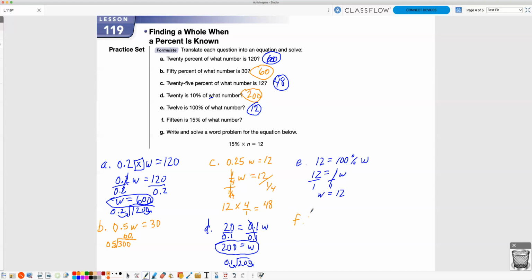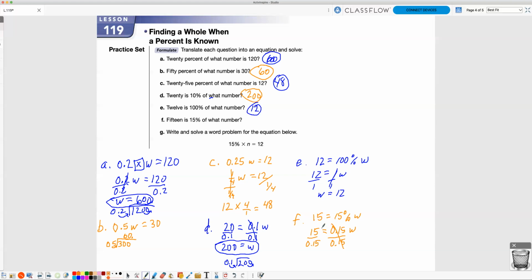Letter F. 15 is 15% of what number? So I need to put 15 equals, this would be 15% as a decimal. And then I'm going to divide this side by 15 hundredths.